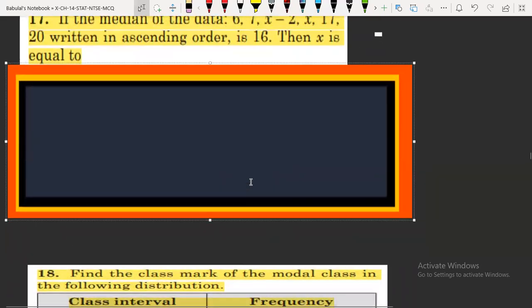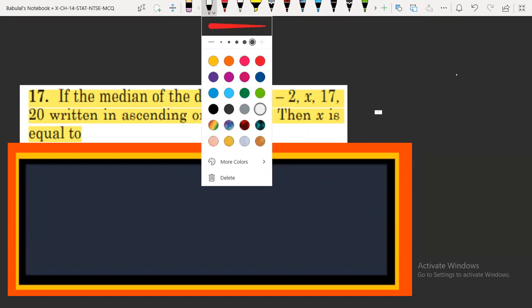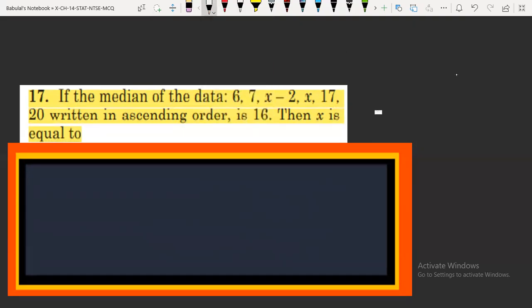The next question is: if the median of the data 6, 7, x minus 2, x, 17, 20 written in ascending order is 16, then x is equal to? Student, this is a question of 9th standard. We know the number of observations here; count them: 1, 2, 3, 4, 5, 6.